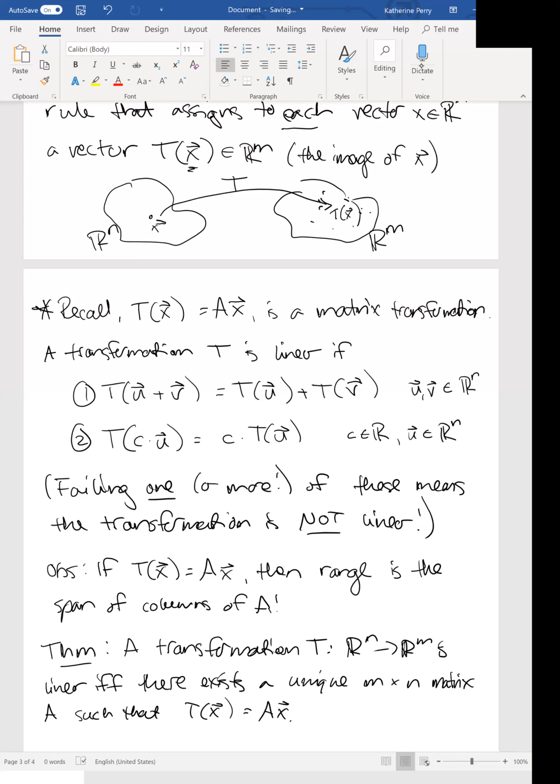So what this is saying is that if a transformation is linear, then it will actually be one of these matrix transformations like we've been talking about. So given some transformation, we'll be able to find this matrix A that is associated with it.